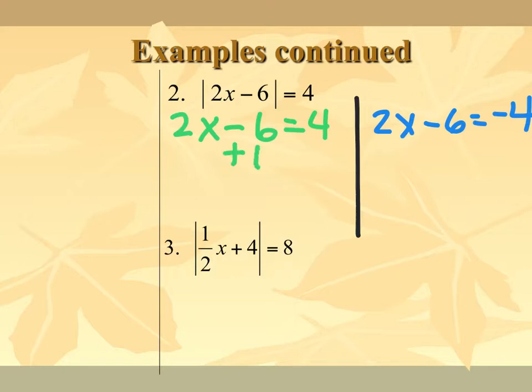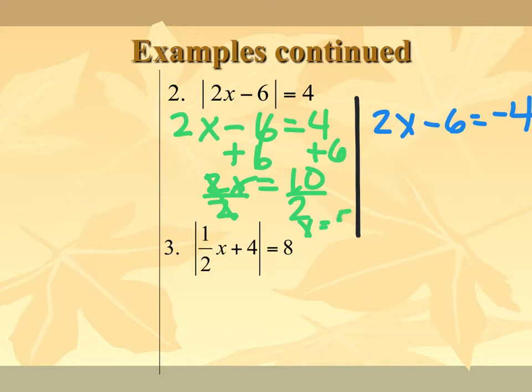So add 6 to both sides. You always want to do the opposite. You're left with 2x equals 10. The last thing that we need to do is divide by 2. So for this one, x equals 5.